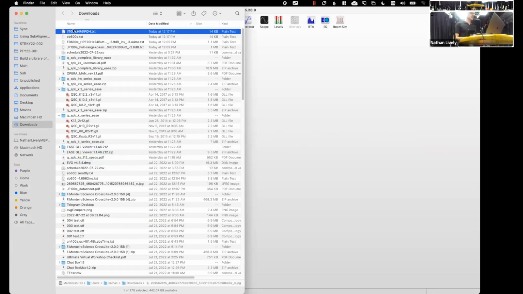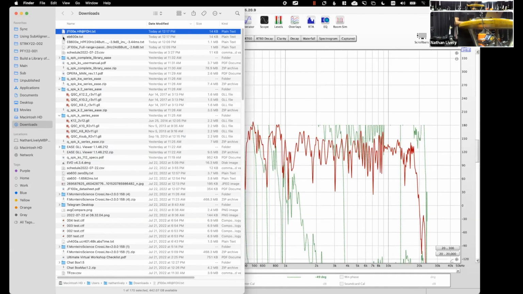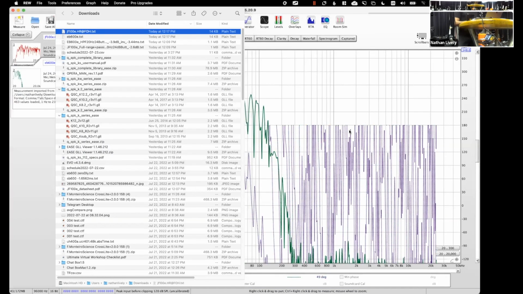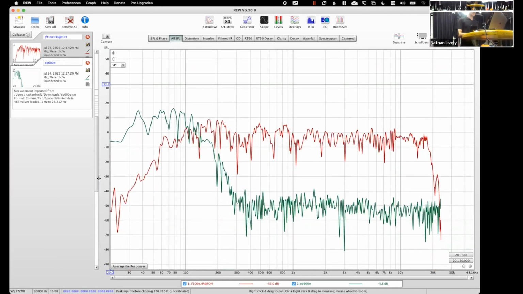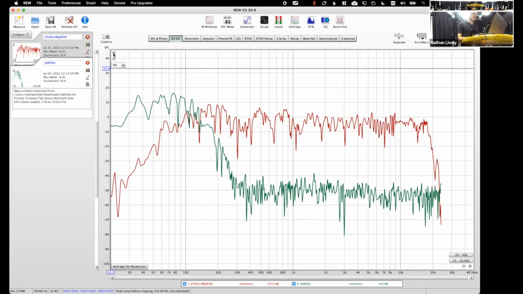So we'll drag in our two original measurements first. Here they are. Okay, same data.